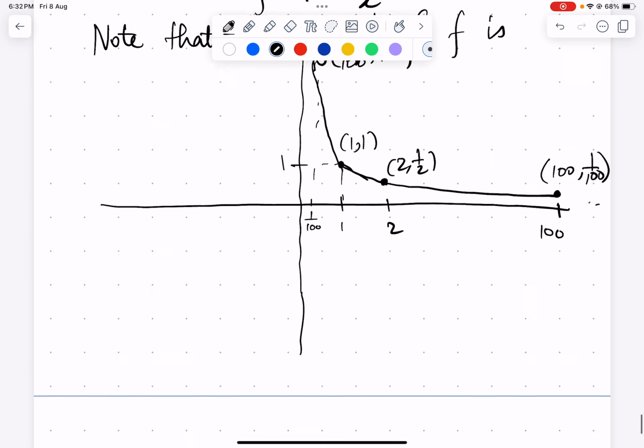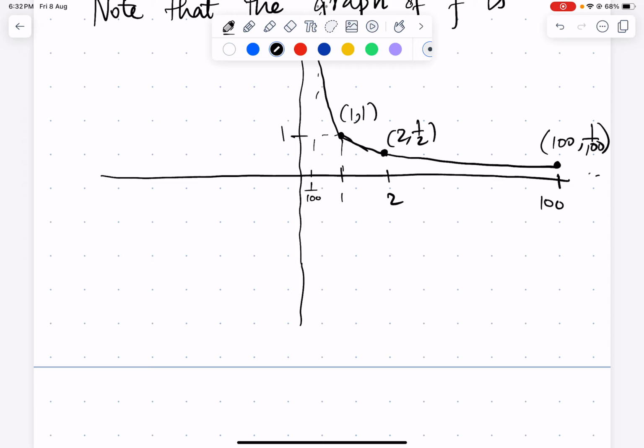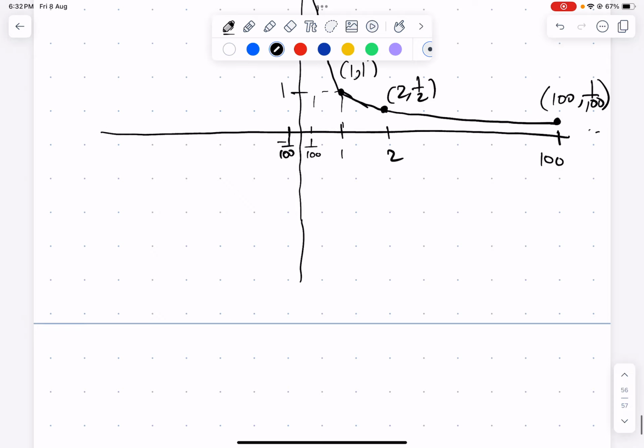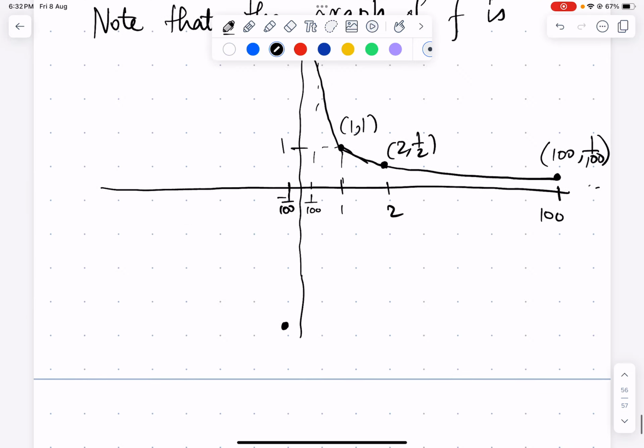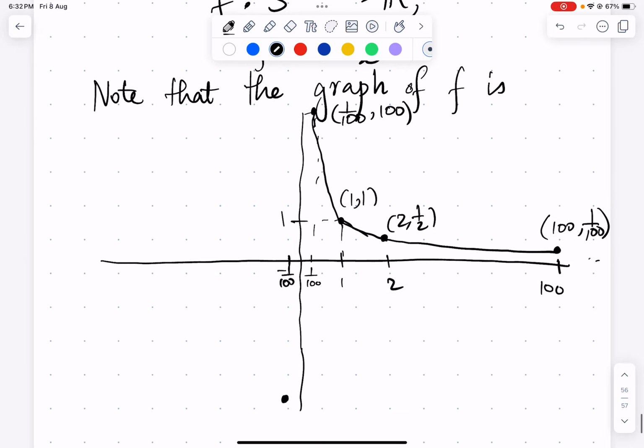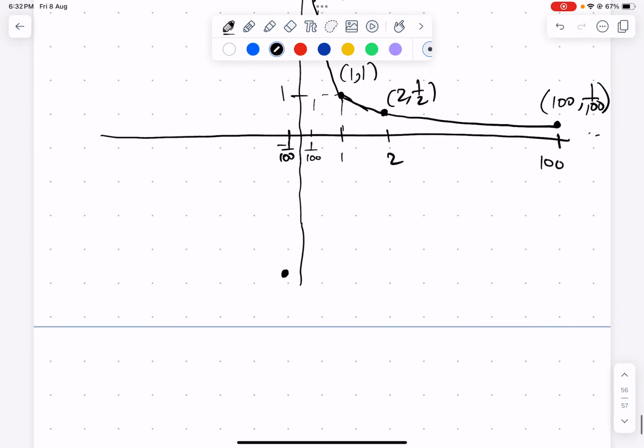and similarly for negative inputs. So for example, let's consider -1 by 100 as an input, then it will output -100. So this function is just f of x equals 1 by x. So it will be some point here in this region. At input -1, it will output -1.